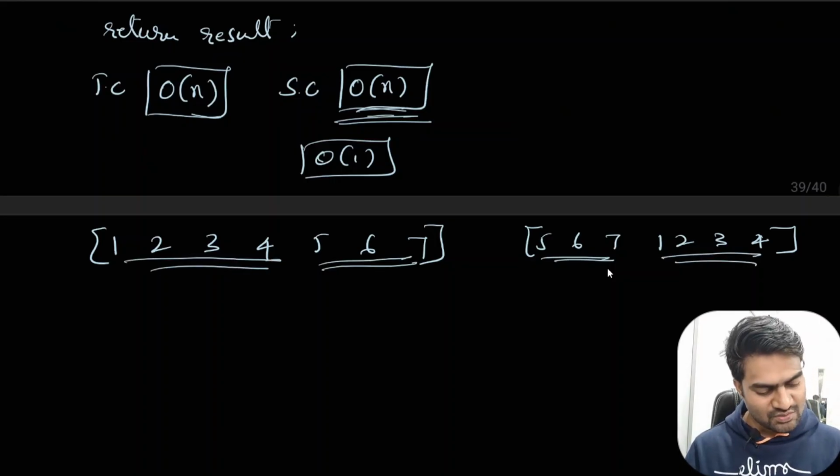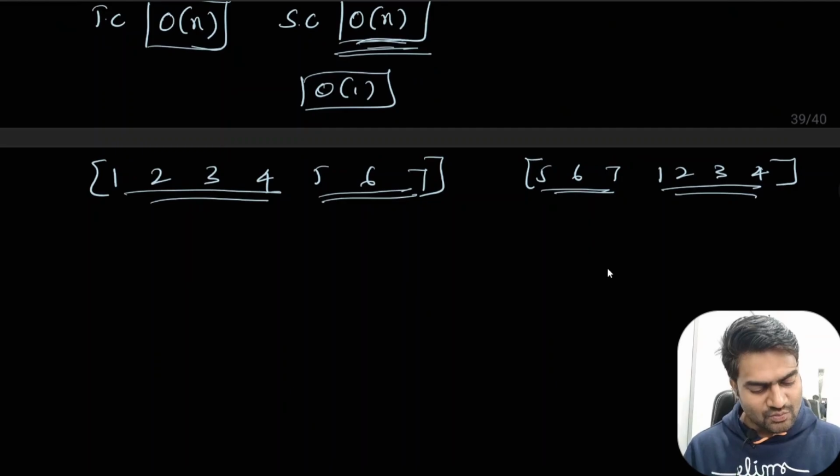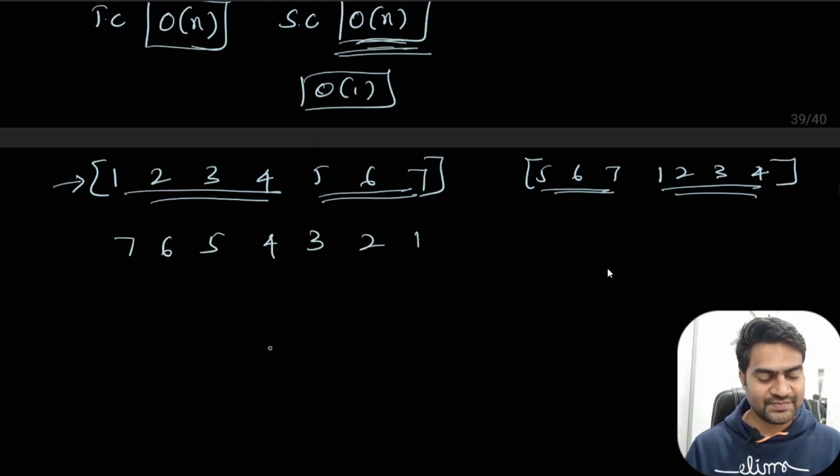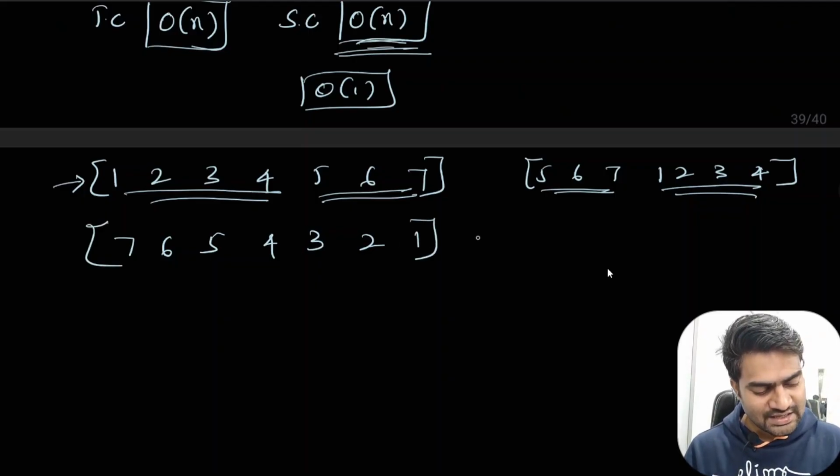Now I will simply rotate this particular array. Rotate in the sense I will reverse this particular array. So what will be the reverse? It will be 7, 6, 5, 4, 3, 2, 1. I have reversed my entire array.